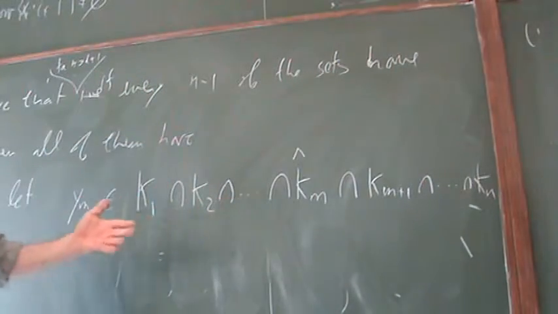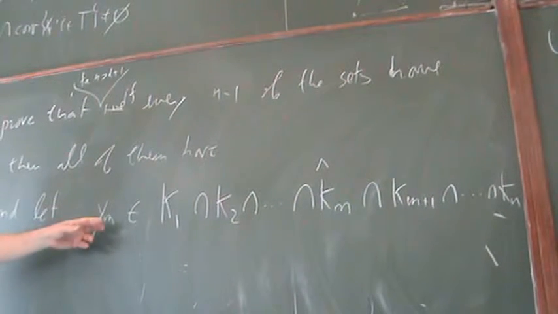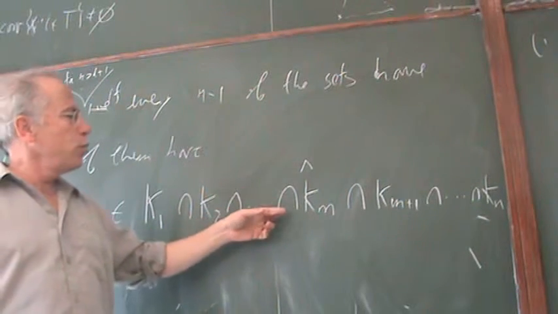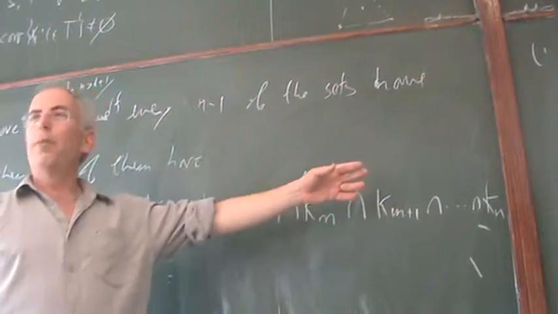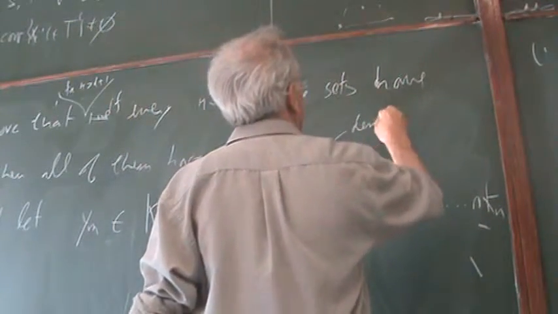So for every n minus 1 of the sets, we can find a point which belongs to them. So we make this notation that ym is a point which belongs to K1, K2, up to Km minus 1, Km plus 1, and so on up to Kn. This is the notation, with omission.